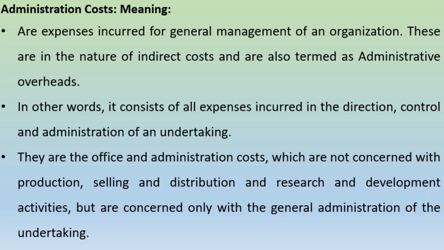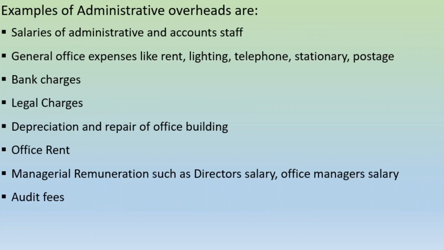In other words, it consists of all expenses incurred in the direction, control, and administration of an undertaking. Office or administration costs are not concerned with production, selling, and distribution and research and development activities, but are concerned only with the general administration of the undertaking.